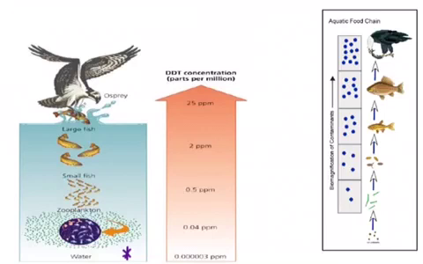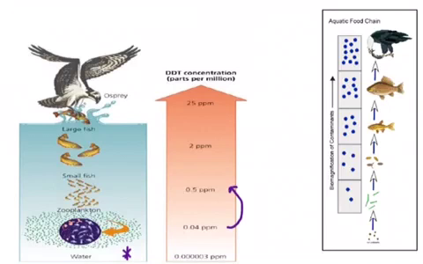And so 0.04 parts per million of DDT in the zooplankton got concentrated or built up or accumulated, if you like, in every small fish. So every small fish had a DDT concentration of 0.5 parts per million. So you can see just going from the concentration in water to the concentration in a single small fish, you've gone from 0.000003 parts per million to 0.5 parts per million.